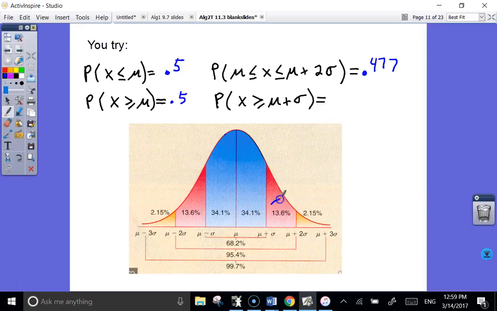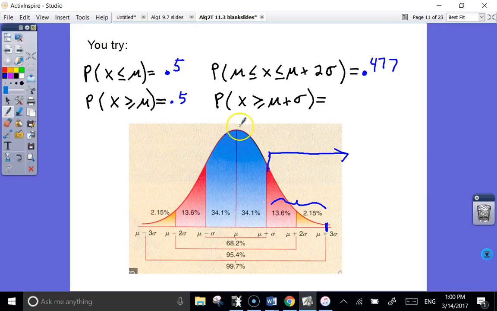Is that the sum of these two here? No, not quite, because remember that these are only telling you out to 3 standard deviations to the right. This thing is asking the probability of being anywhere continuously all the way to the right. So that includes that little bit that's to the right of 3 standard deviations.